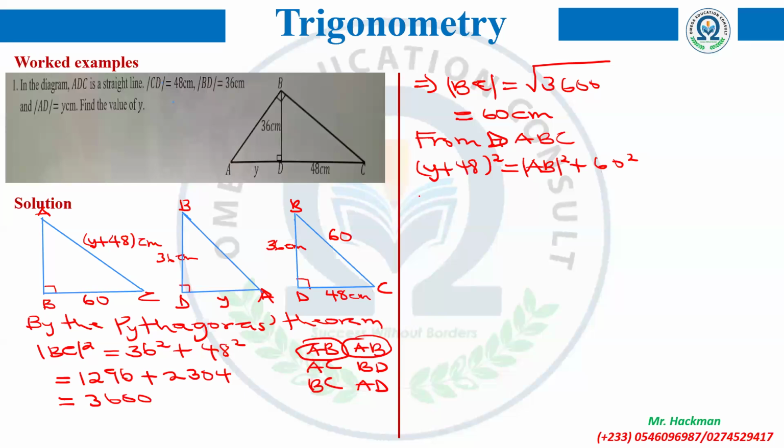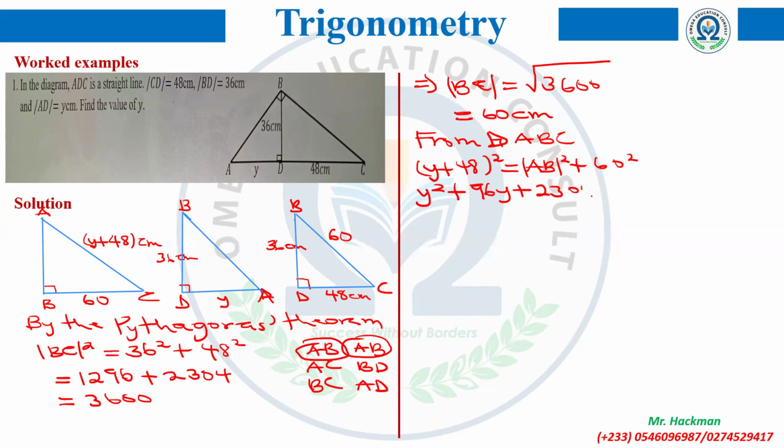This will give us y squared plus twice the product of y and 48. That will give us 96y. Am I right? My professors, I hope you are following. Yes, please. Then plus 48 squared. 48 squared will give us, remember you've done it here, 2304.